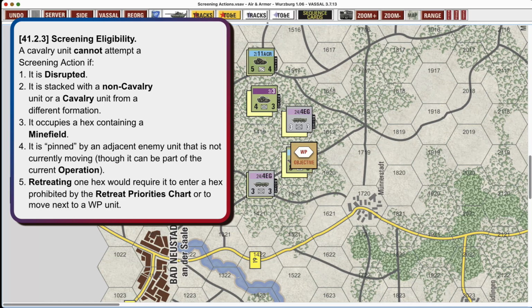There is one other case where a unit is not eligible to screen, and that is if screening would put it in the position of having to retreat next to an enemy unit.